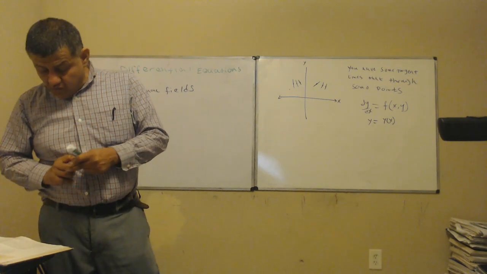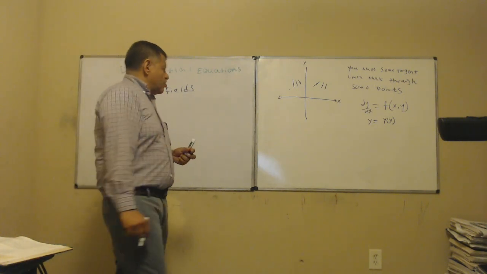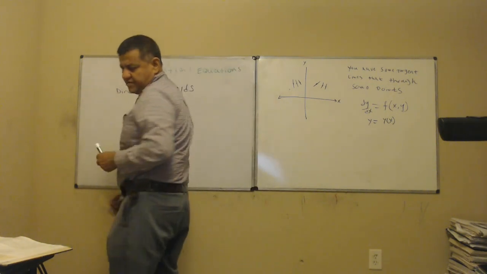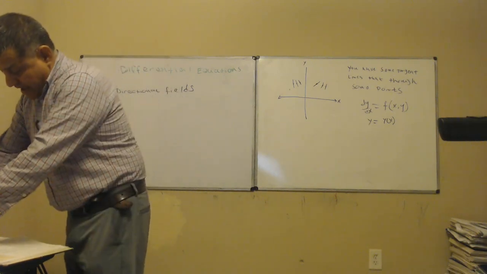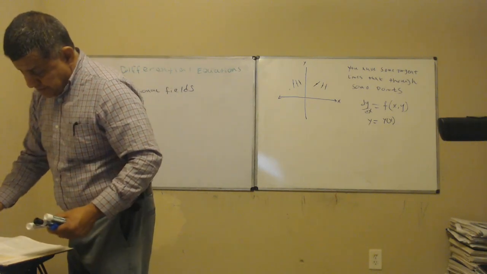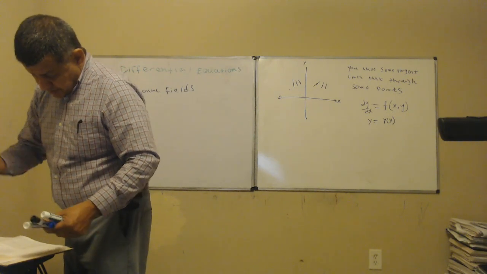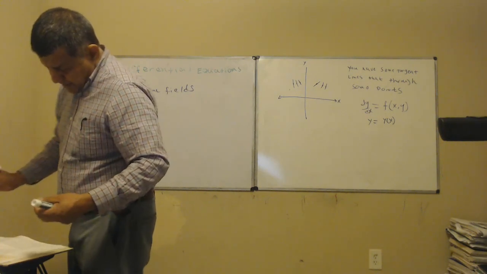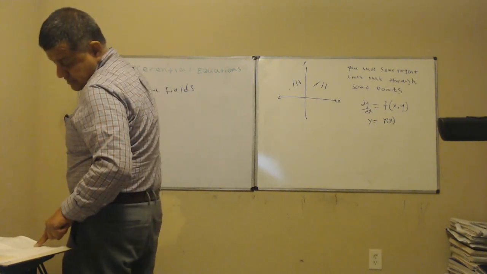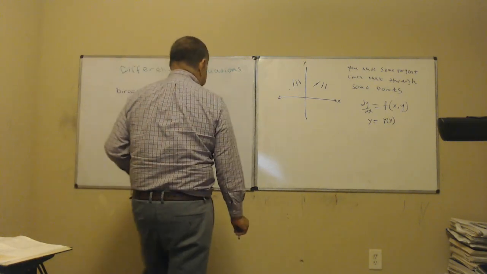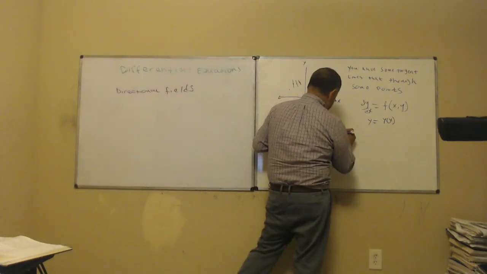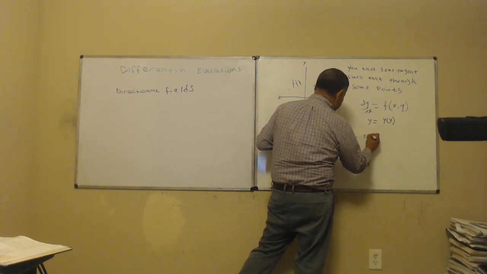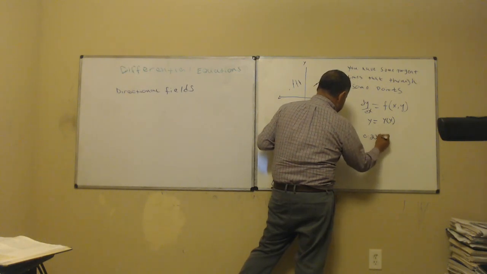So let's say, for example, that you have a function that has been given to us in the form of dy over dx is equal to 0.2xy.